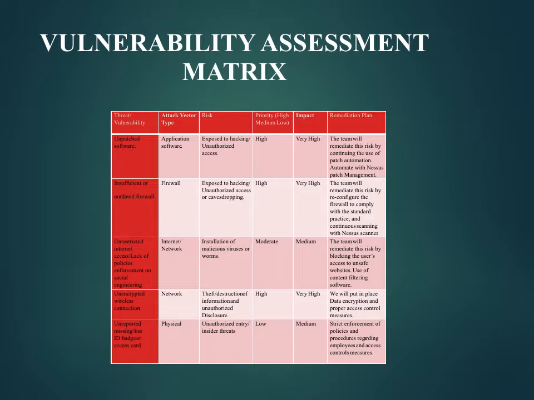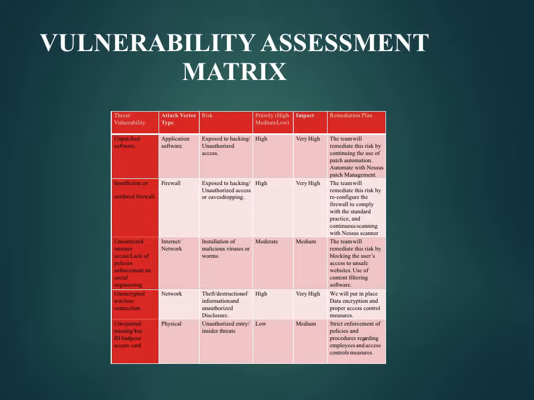Unrestricted internet access or lack of policies to enforce against social engineering must be remediated by the team by limiting the users' access only to safe websites and filtering of those that are inappropriate.